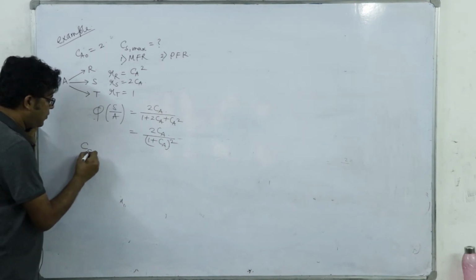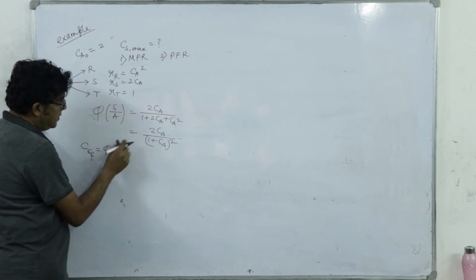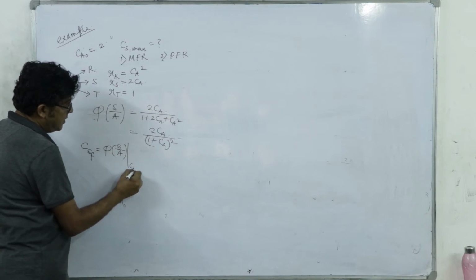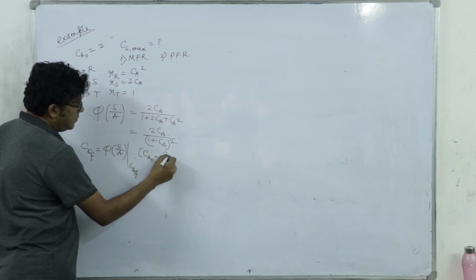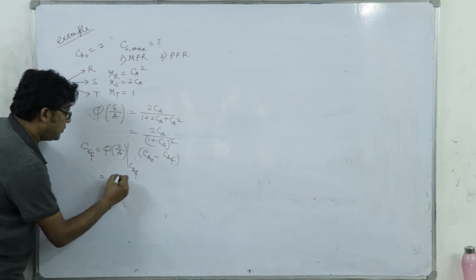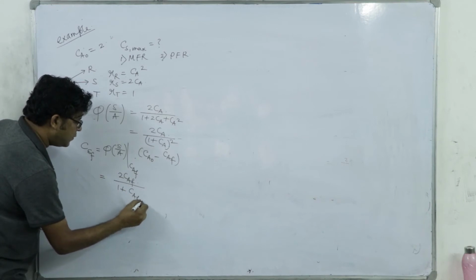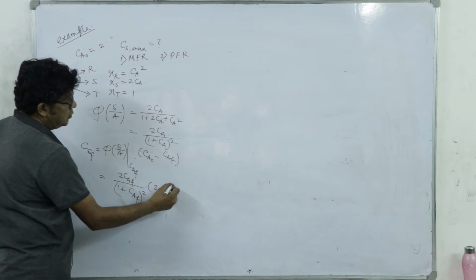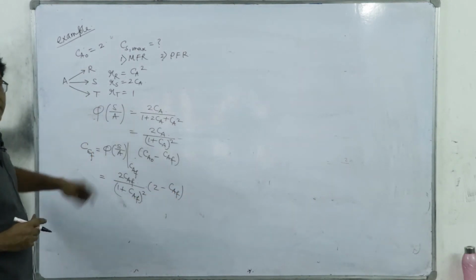So CSF is phi S/A at CAF into CA0 minus CAF. So this becomes 2 CAF divided by (1 plus CAF) square into (2 minus CAF). This is the expression of this concentration, and we have to maximize this.